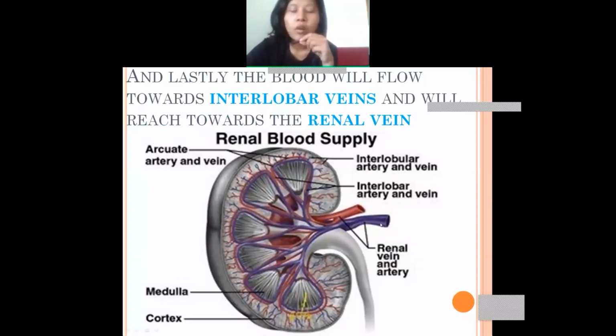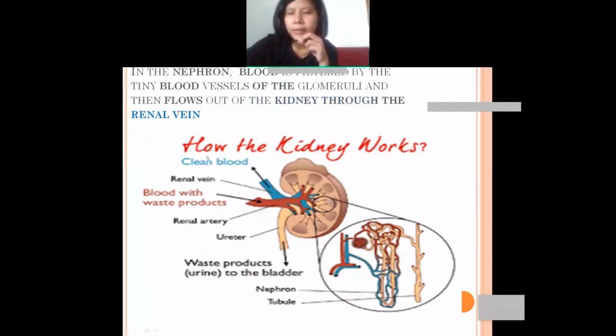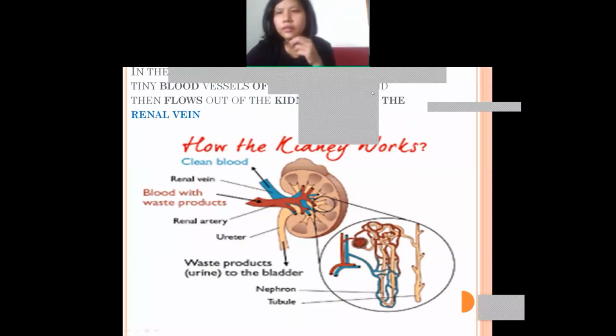And all this process of blood flow, starting from the renal artery, segmental artery, and so on, is the process of filtering the blood. Finally the blood comes out through the renal vein. So this is how the blood is passed in the kidney.